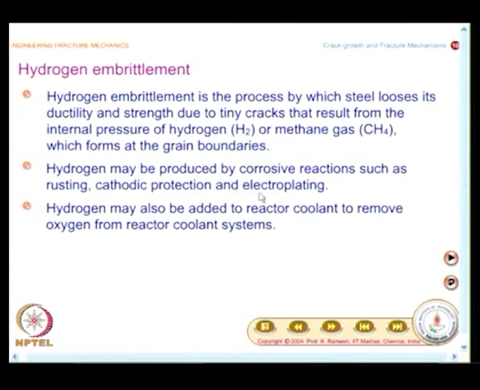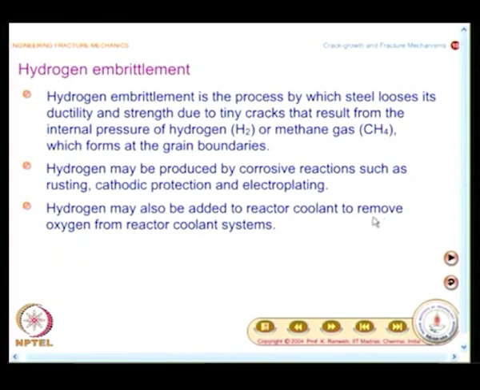And with the use of nuclear reactors for power generation, you need to take care of them, and for your own requirement, hydrogen is added to the reactor coolant to remove oxygen.